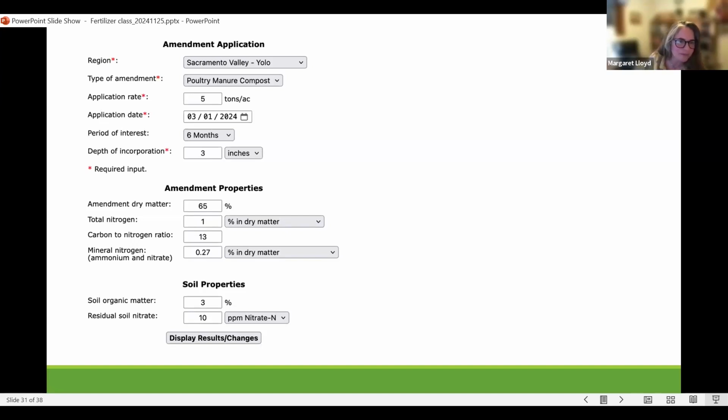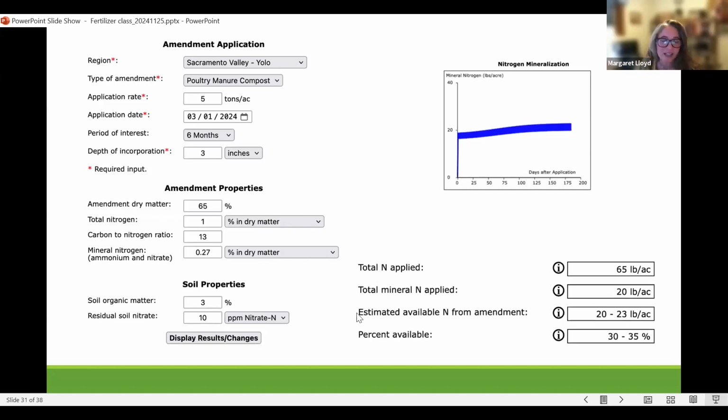And I put in 1% for the total nitrogen. And all the other boxes were blank. And so when it displayed the results, this is what it got. So it estimated about 65 pounds were applied, and estimated available N from the amendment were 20 to 23 pounds.